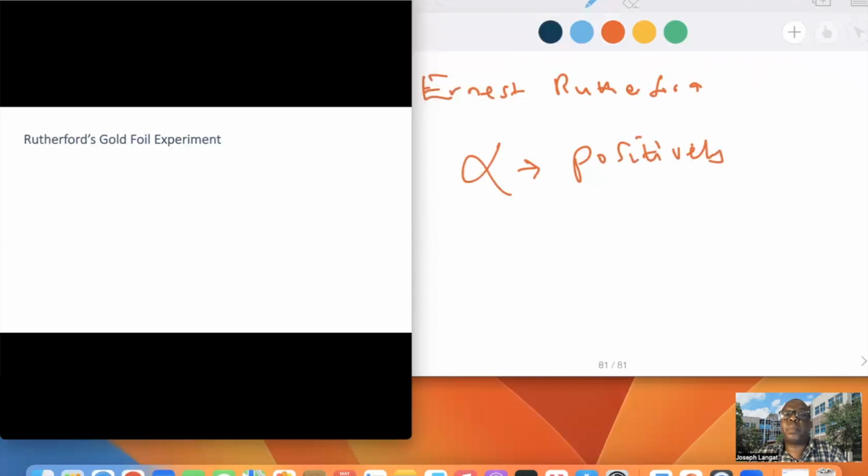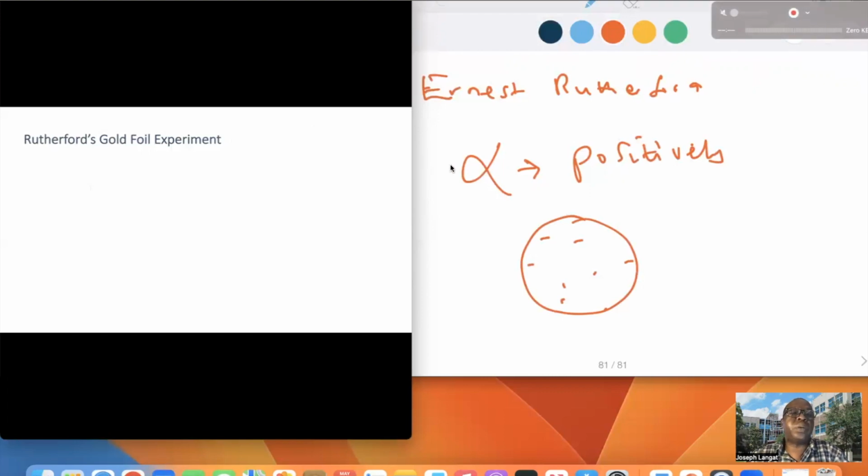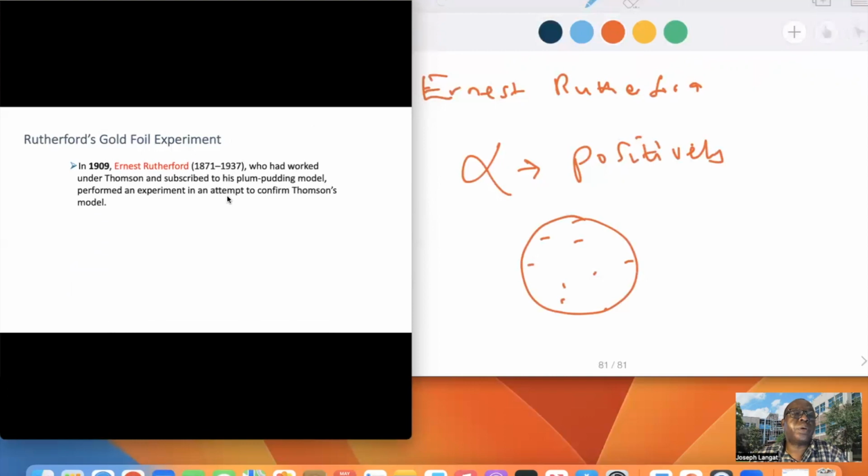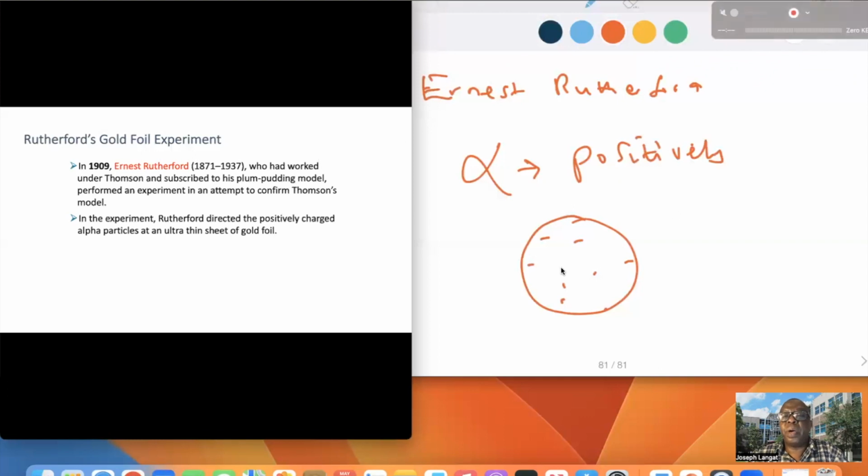What he was proposing is, if this is the Thomson model of an atom, you expected the positive charges to cut through. He had a hypothesis about what will happen if I run a very thin gold foil with these alpha particles, which are positively charged.